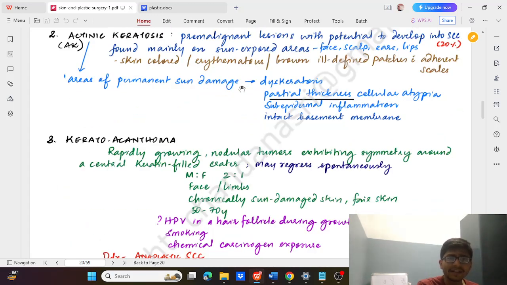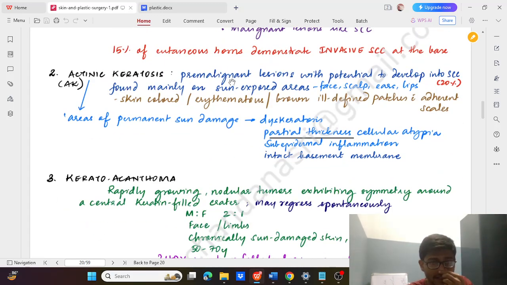Then we come to actinic keratosis, which has the potential to develop into SCC and is found in the sun exposed areas like the face, scalp, ears and lips. These are erythematous or brown ill-defined patches, sometimes skin colored also, with some adherent scales.